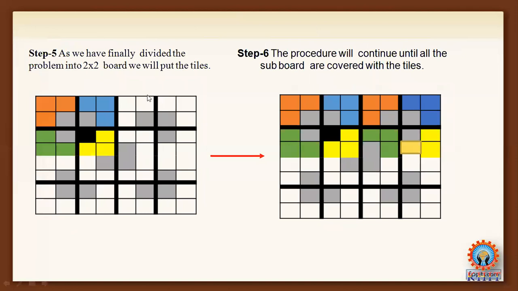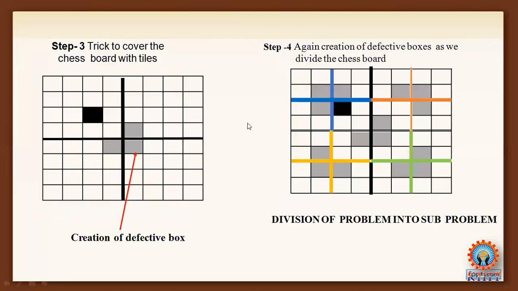Next, we can divide it into 2 by 2 boards again, total 1, 2, 3, 4, 5, 6, 7, 8, and so on up to 16. Sixteen defective chessboards are obtained. Now we will solve these 16 problems by using the divide and conquer technique.